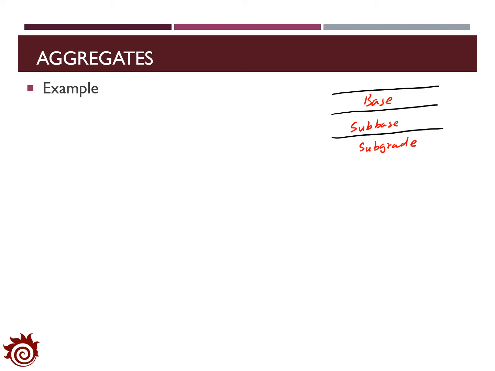So let's start with the subbase and the subgrade. The subbase is directly placed on top of the subgrade. So what we have is a subbase and a subgrade, and the one on the top will be the filter. At the bottom, that will be the soil.